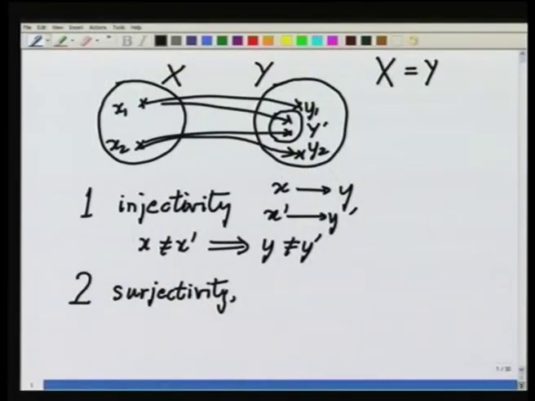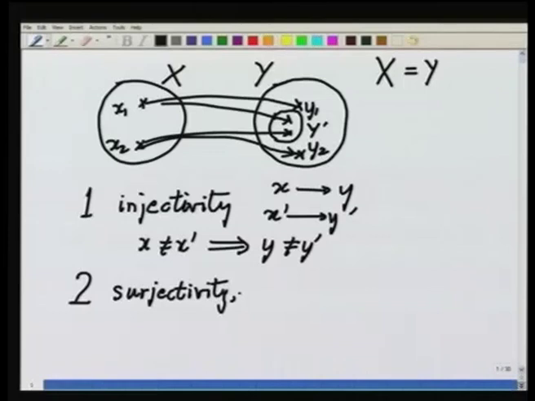So, please understand that a system can be of four kinds. It can be injective and surjective, injective and not surjective, non-injective and surjective, and non-injective and non-surjective. All four possibilities can happen.